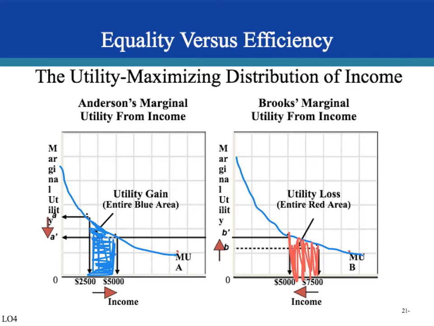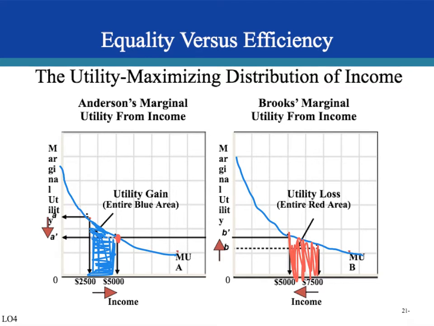Okay, so let's say we have $10,000 of income, and let's say $2,500 is given to Anderson and $7,500 is given to Brooks. Okay, so marginal utility here could be gained if Brooks gave $2,500 to Anderson, and that way both incomes were to be equal at $5,000.